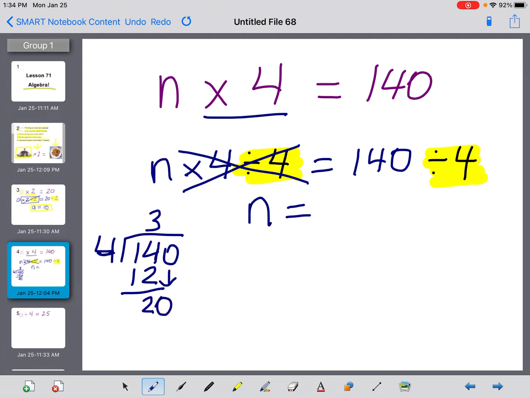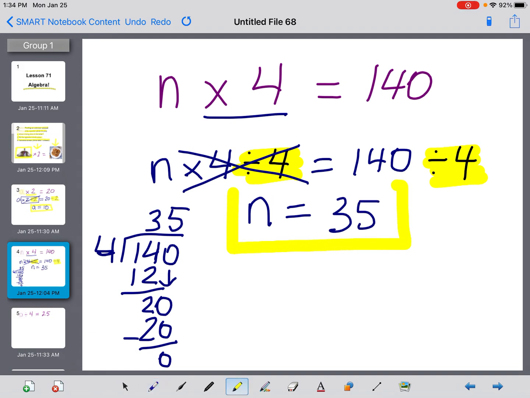We end up with a remainder of 2. We bring down our 0. How many times does 4 go into 20? It goes 5 times. And we are finished our long division. So 140 divided by 4 is 35. So n is equivalent to 35, and that is our final answer.